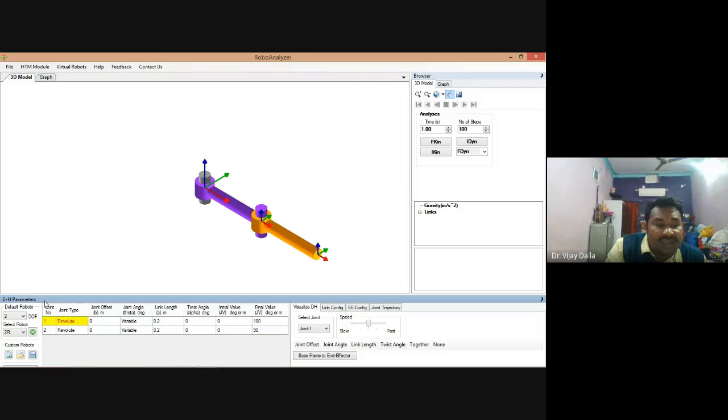What are DH parameters? Denavit-Hartenberg parameters. For a simple robot, we can easily know the positions and the orientation of the robot. This one has 2 degrees of freedom, as you can see on the left side. Select a robot. Which kind of joints are here? Both joints are revolute joints.